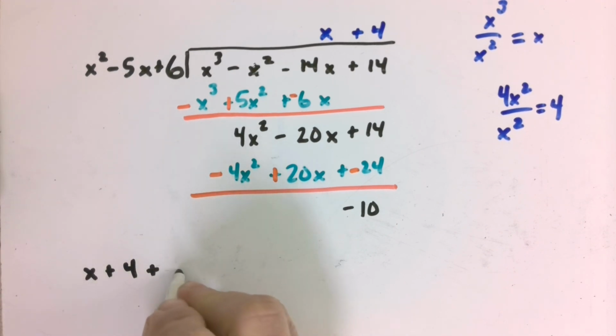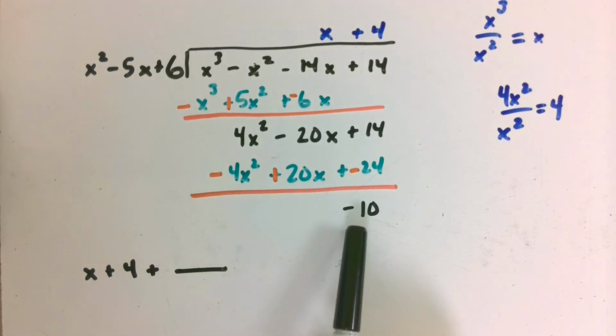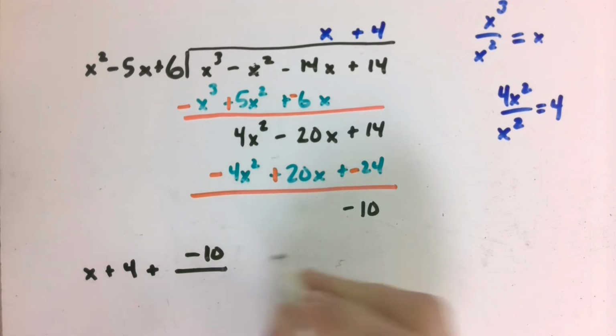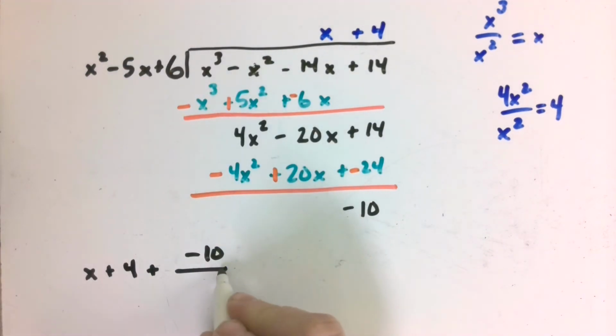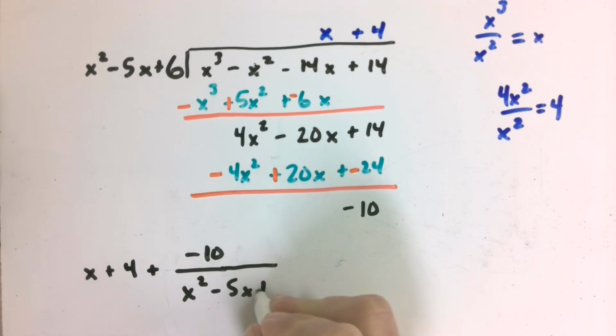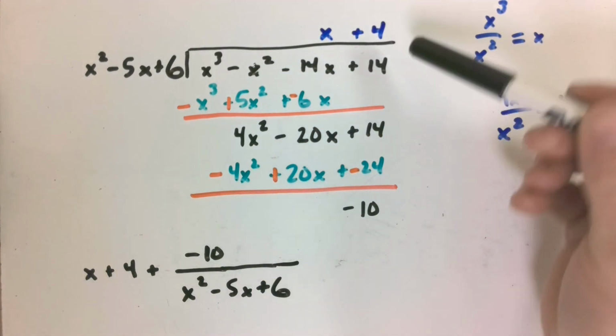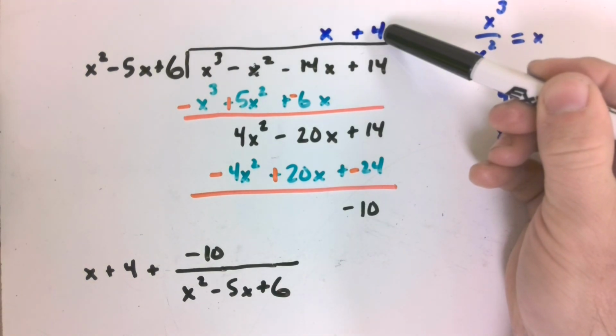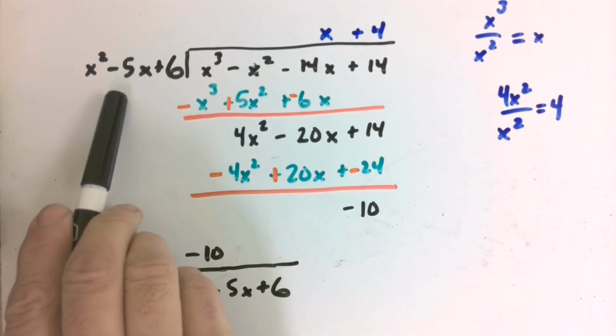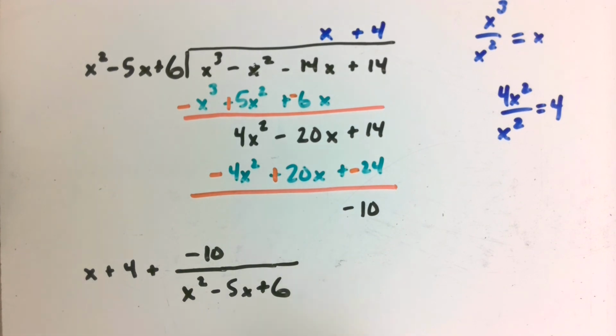And then what we're going to do next is add our remainder, which is a negative 10, over our divisor, what we were dividing by, and that is an x squared minus 5x plus 6. So our final answer is your quotient plus your remainder over your divisor. So it would look like this.